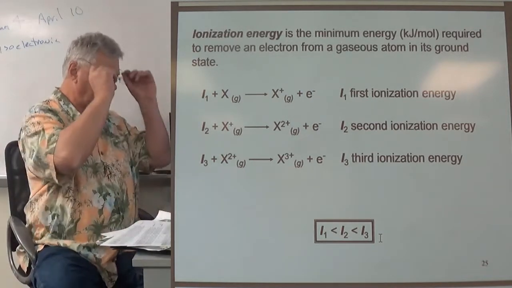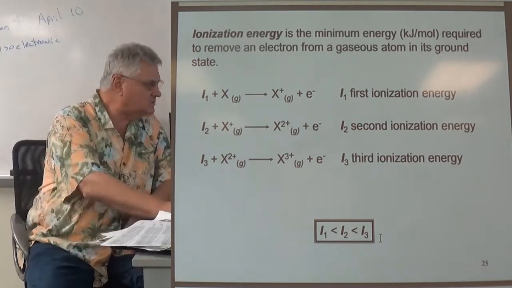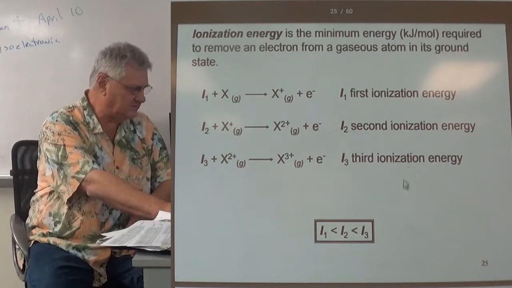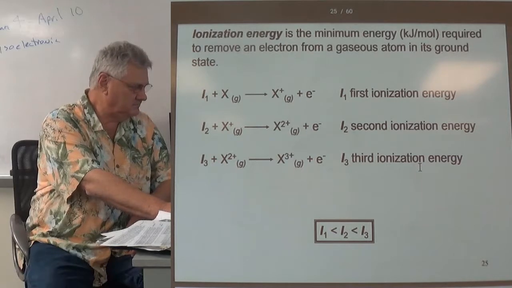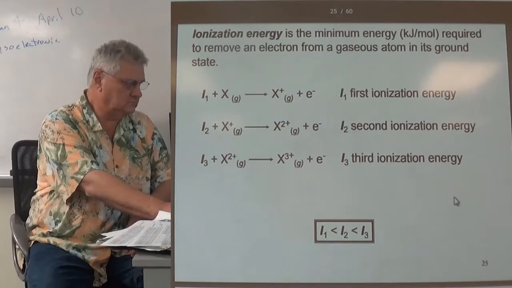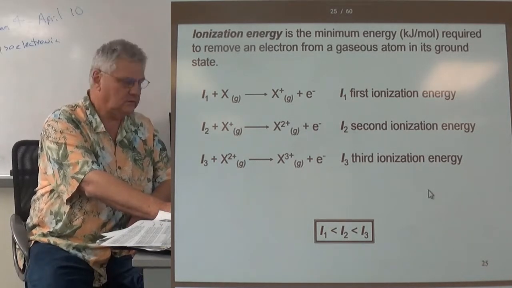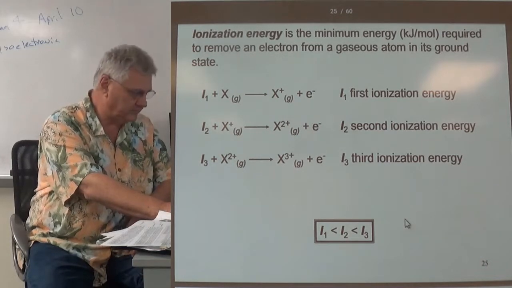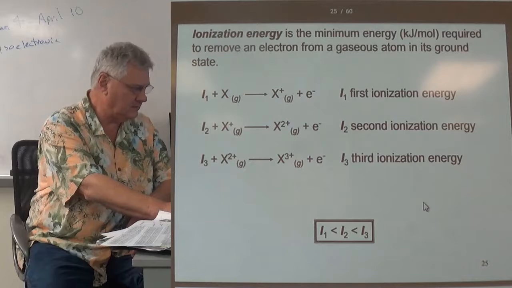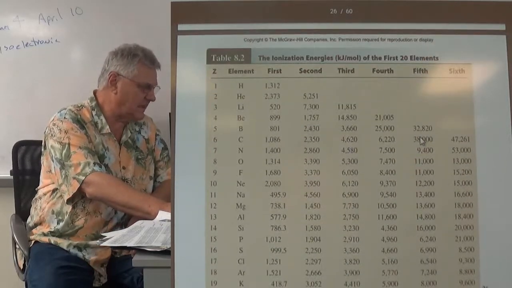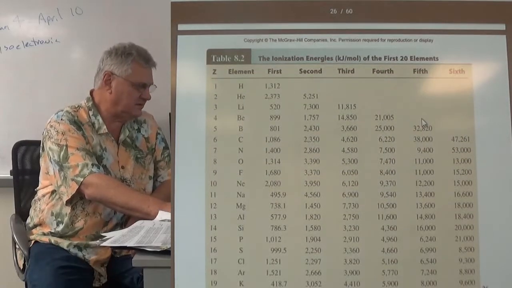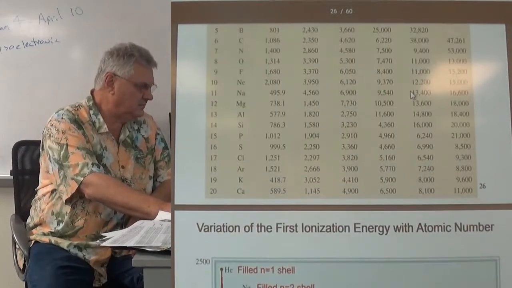And then the other elements are sort of in between. And then also they can determine second and third ionization energies, and these are higher still. It takes even more energy to remove a second or third electron from an atom than the energy it takes for the first one. And this table just shows the experimentally determined ionization energy for the first 20 elements.